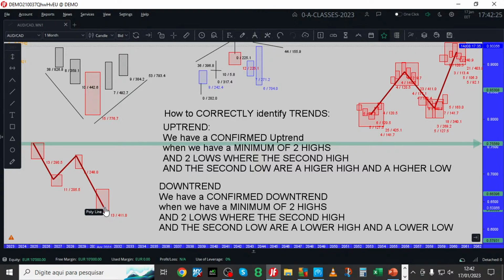In order to have a confirmed uptrend, you need a minimum of 2 highs and 2 lows, where the second is a higher high and a higher low, and to have a confirmed downtrend, you need a minimum of 2 highs and 2 lows, where the second high and the second low are a lower high and a lower low. Mike says yes, Clara says yes, okay.